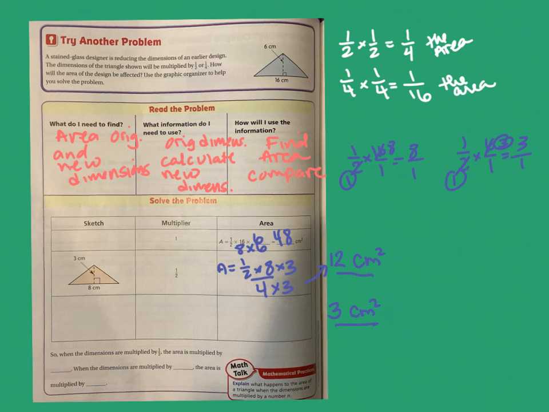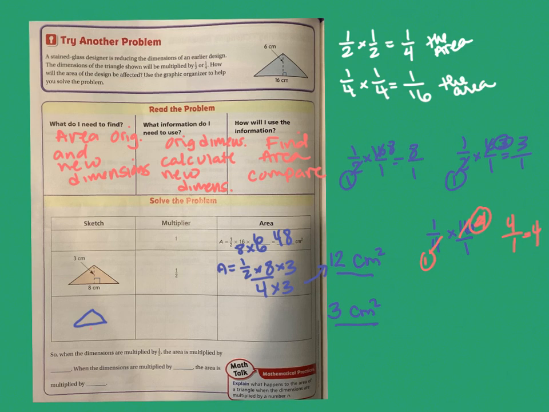Let's try this other one. It's going to get even smaller because we're cutting each of those dimensions into fourths. So let's do 1/4 of 16, the base here. So we're doing 1/4 times 16. Cross reduce, 4 goes into 4 once, 4 goes into 16 4 times. 1 times 4 is 4, 1 times 1 is 1.